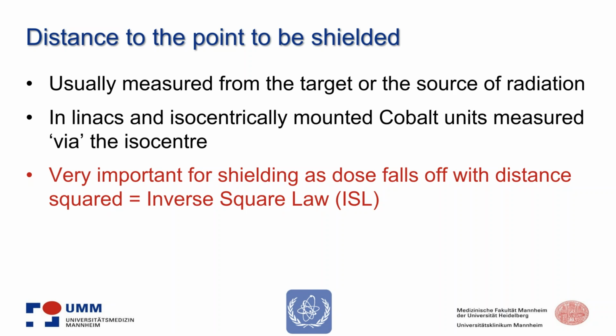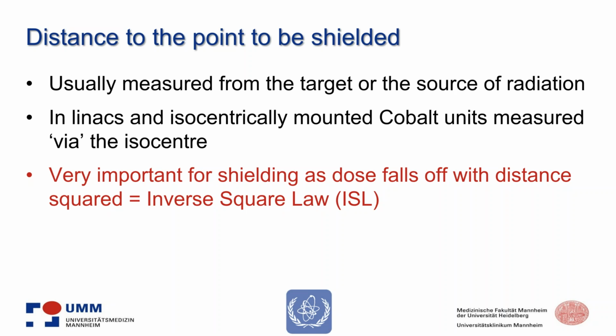Yeah, the distance to the point to be shielded is usually measured from the target or the source of radiation. In linacs and isocentrically mounted cobalt units, it's measured via the isocenter. A typical linac target-isocenter distance is 1 meter.